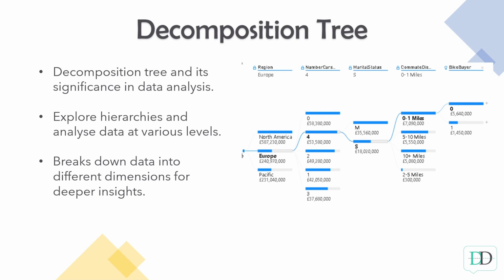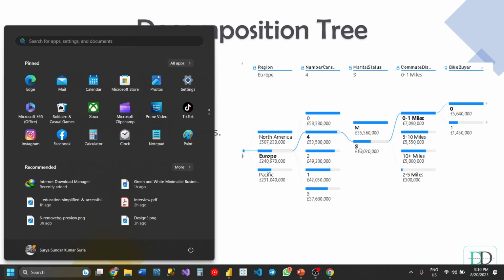Mainly data analysts, data scientists, or BI developers use this type of decomposition tree to do root cause analysis of a particular problem. With this decomposition tree, you can explore hierarchies and analyze data to various levels. And you can also break down the data into different dimensions for deeper insight. Like we are dividing here, right? Similarly, I will show you how to do that. Okay.